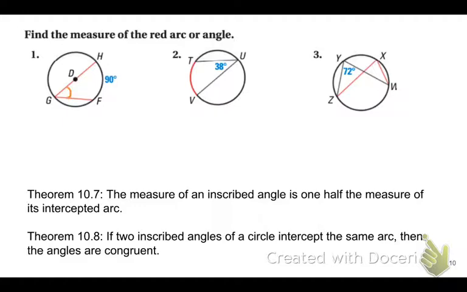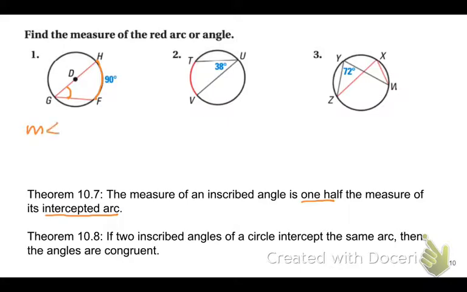Here we have our two theorems. This has nothing to do with quadrilaterals. None of these three do, so you're not going to use that last theorem. The only candidates are the first two theorems. Let's look at the first one. The measure of an inscribed angle is 1/2 the measure of its intercepted arc. I think that would be really handy here. Here's the intercepted arc, it's 90 degrees.